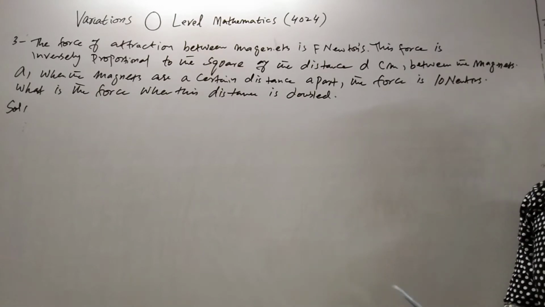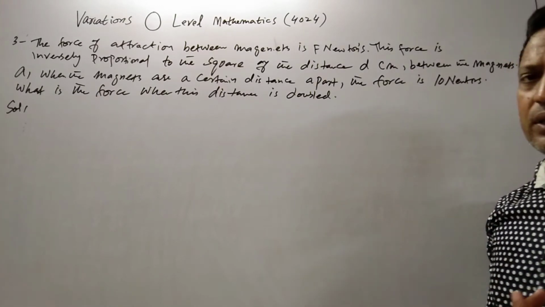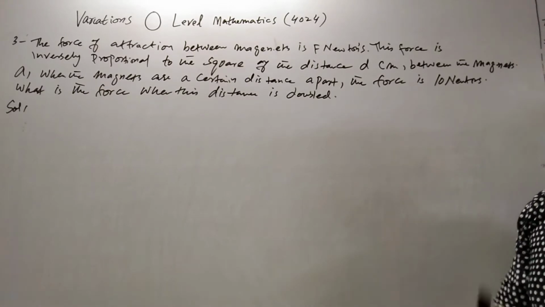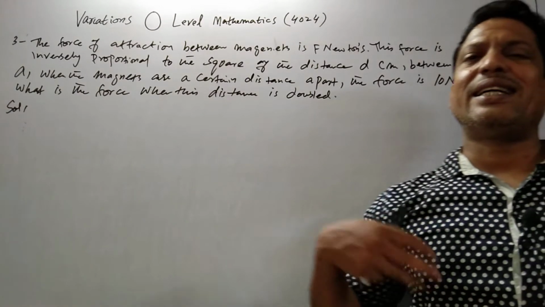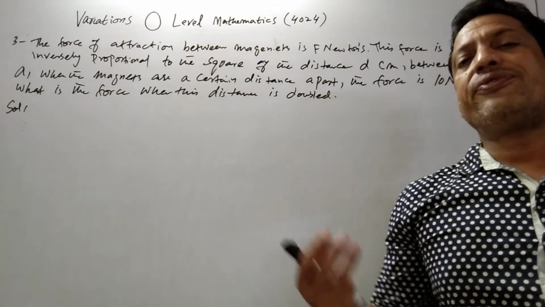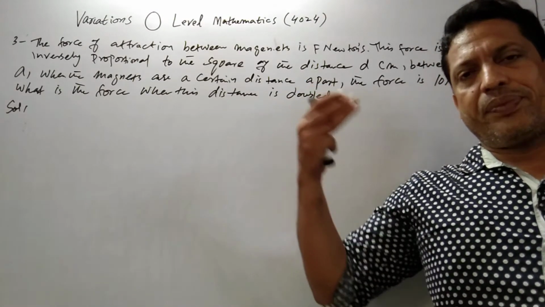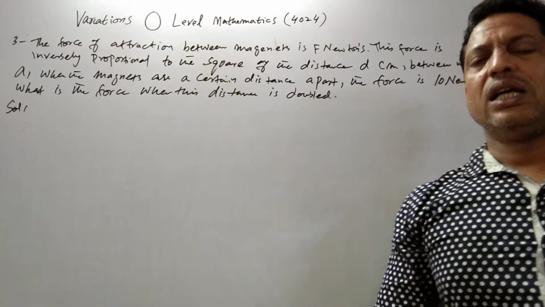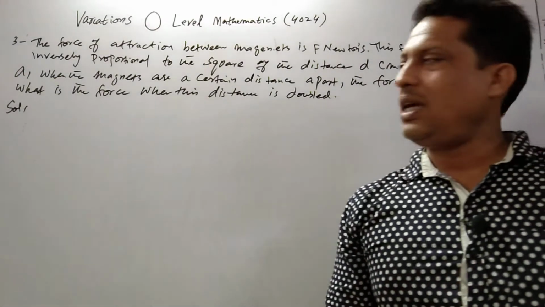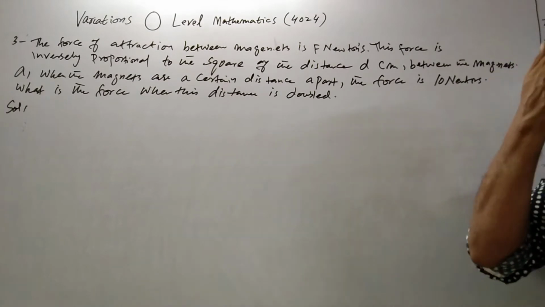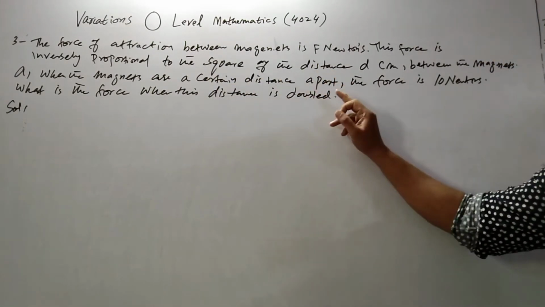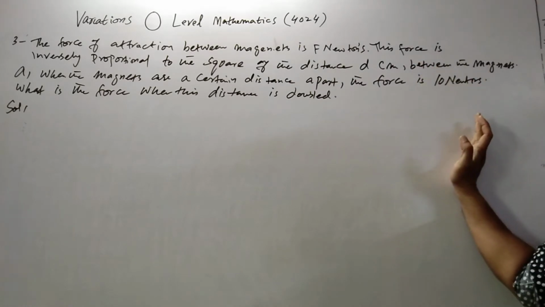According to the question, the relation between force and distance is inverse. It means if we increase the distance, the force decreases. If we decrease the distance, the force increases.